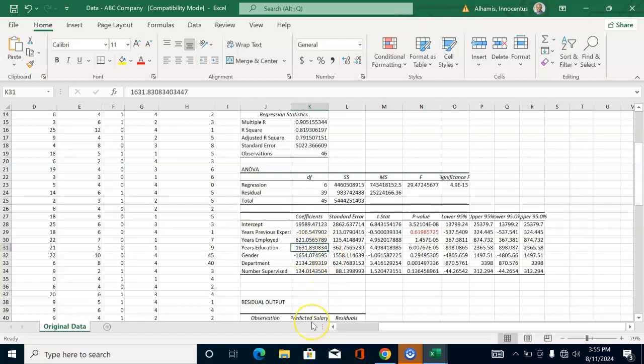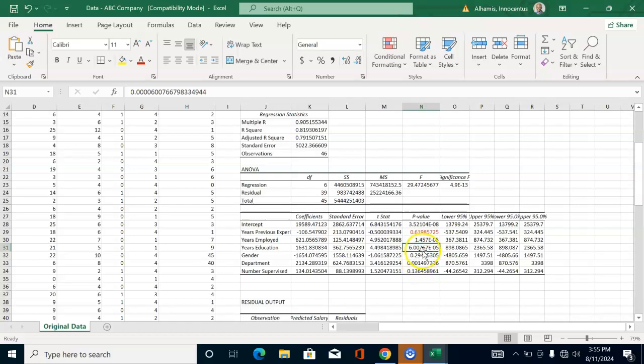Now let's go to the years of education. You can see that years of education is 1,631.83. However, this amount should be validated by the probability value, and in this case you can see we have the exponential of negative 5, so that means we have to count 5 zeros. So we have 0.00000600767.